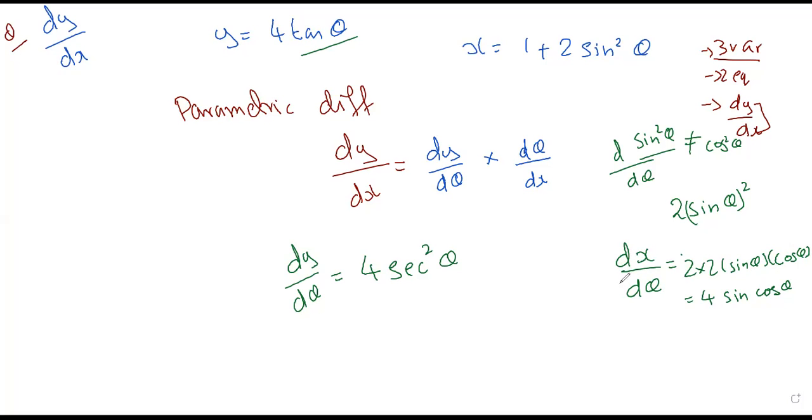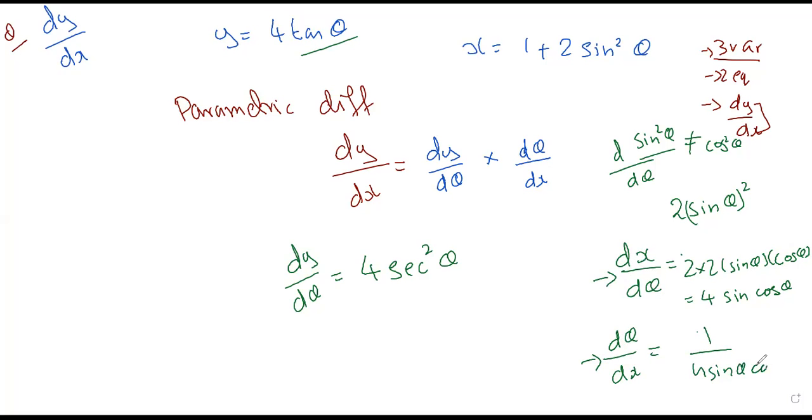Right. So this is dx by d theta, and what is d theta by dx? This is dx by d theta, so d theta by dx will be 1 by 4 sine theta cos theta.